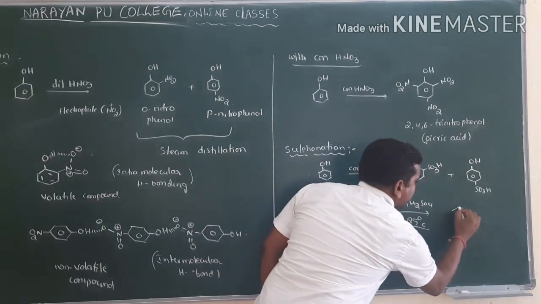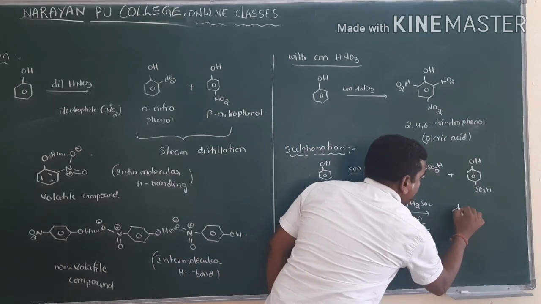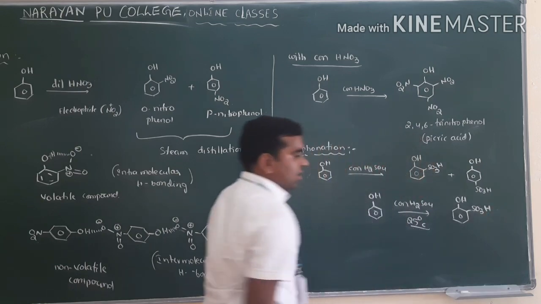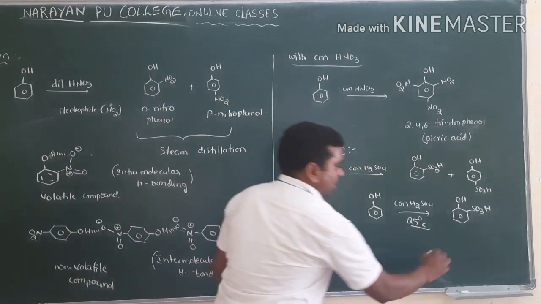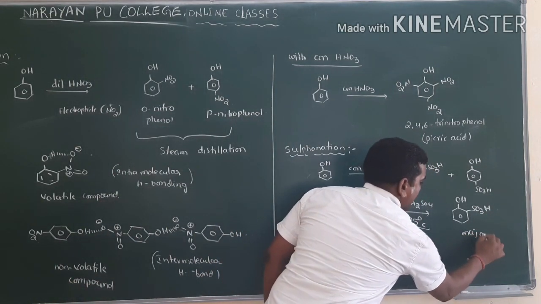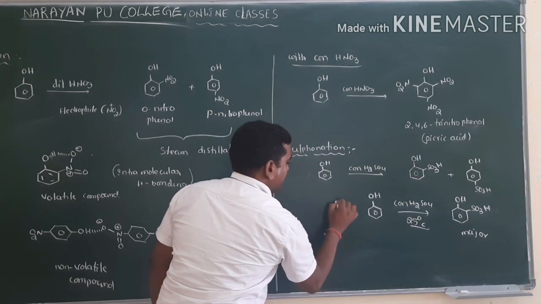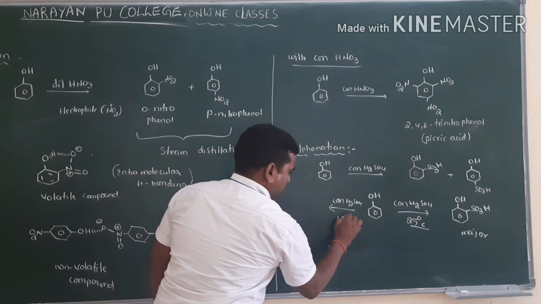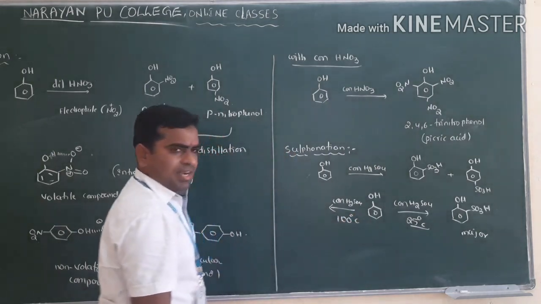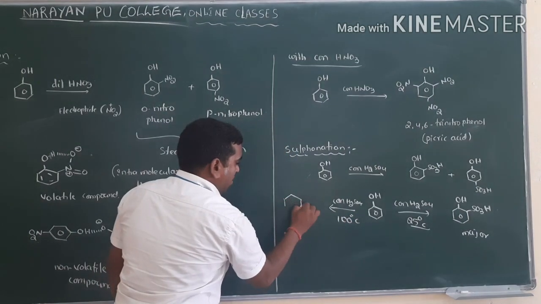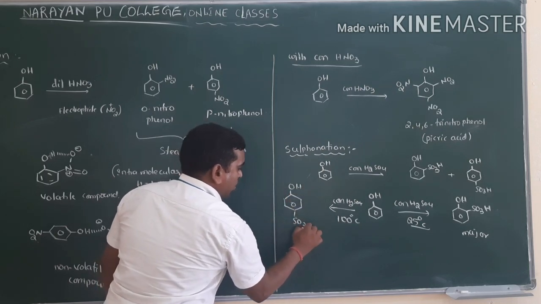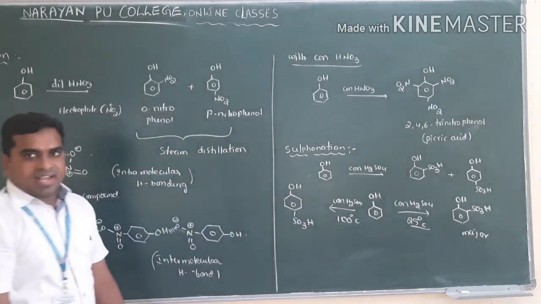At 25 degrees centigrade, you will get the ortho product as the major one. If I do the same sulfonation with concentrated H2SO4 at 100 degrees centigrade, then you will get para hydroxybenzene sulfonic acid.